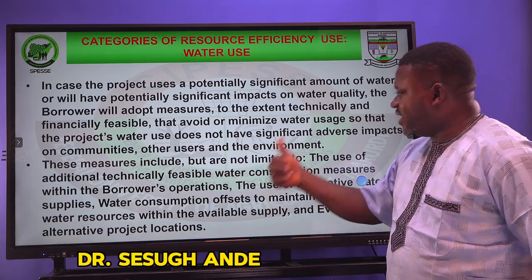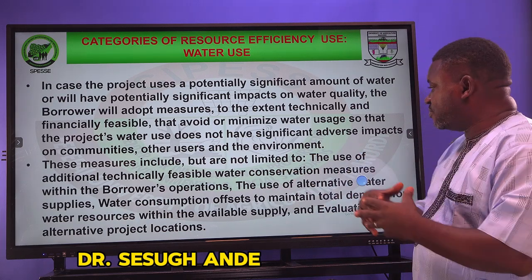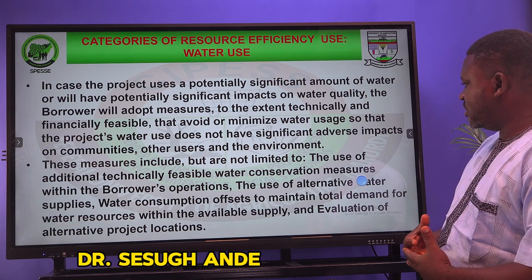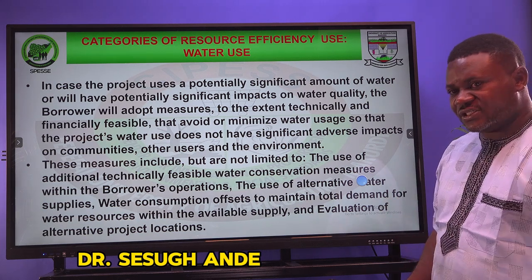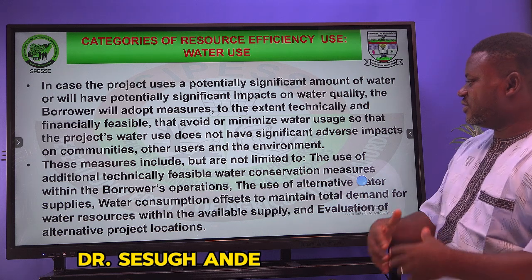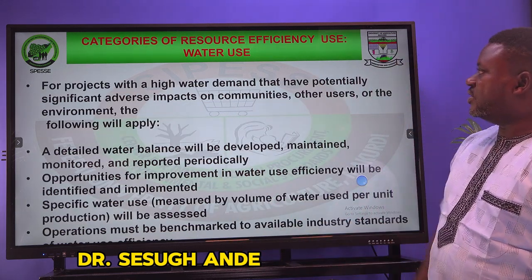And these measures include, but are not limited to, the use of additional technically feasible water conservation measures within the borrower's operation, the use of alternative water supplies, water consumption offsets to maintain total demand for water resources within available supply, and evaluation of alternative project locations.